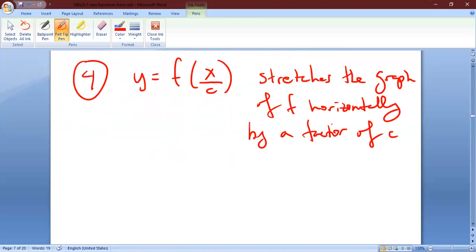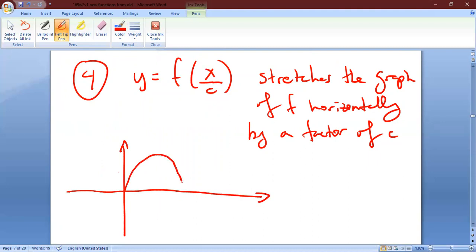So again, let me show you with this sine function's graph because it's going to be better to observe. So let's say this is the sine function, 0, pi, 2 pi, and this is plus 1, and this is minus 1. This is y equals sine of x.